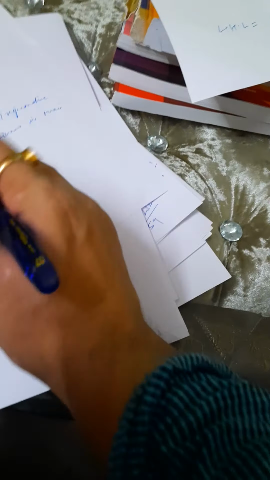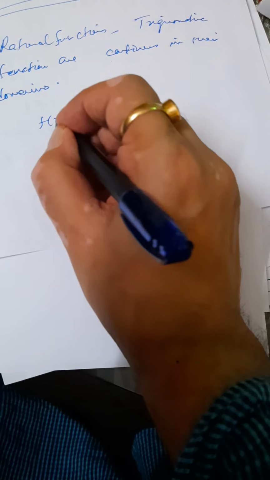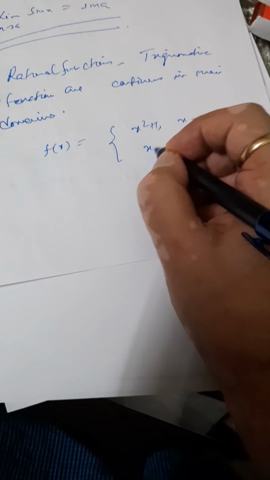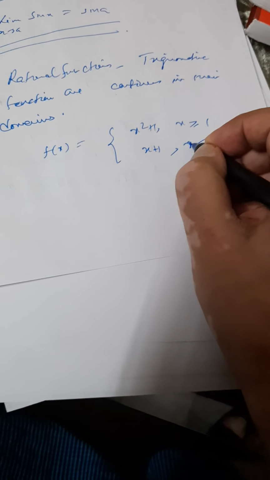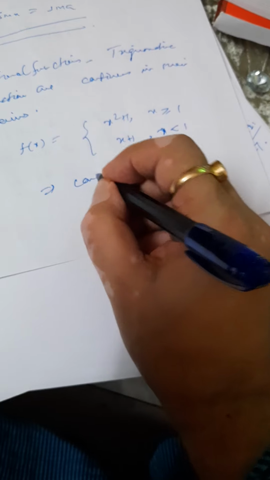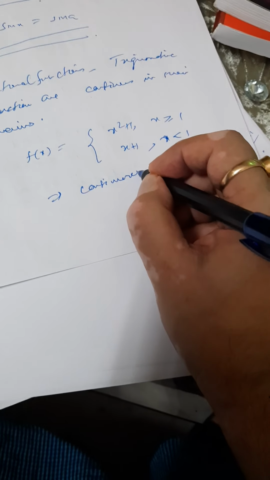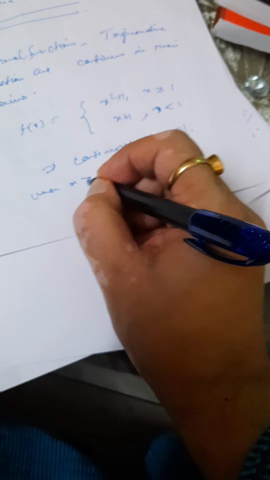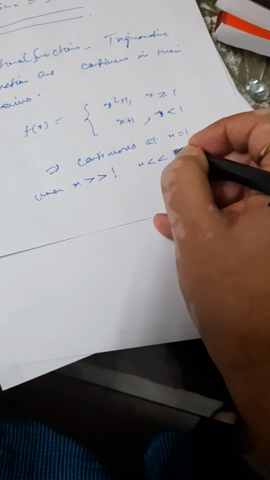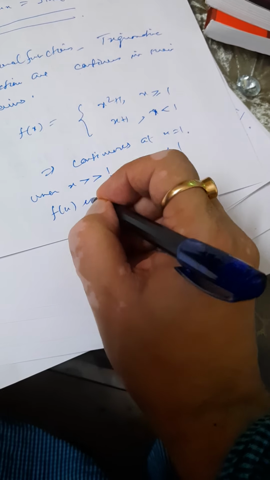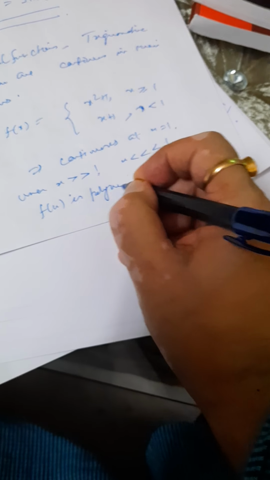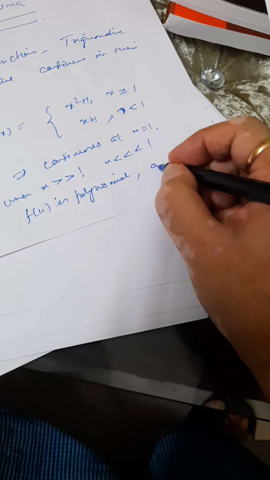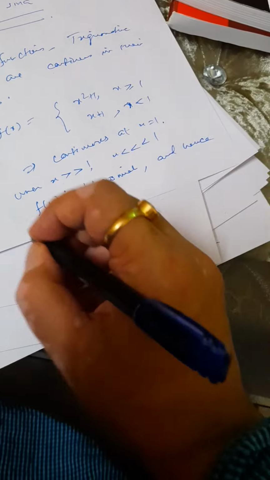Now, like the last example, I am having f(x) equals x square plus 1 if x is greater than or equal to 1, and x plus 1 if x is less than 1. Now, this is continuous at x equals 1, as I told you before. Whereas when x is greater than or equal to 1 or x is less than 1, f(x) is a polynomial. x square plus 1 is a polynomial, x plus 1 is a polynomial, and hence continuous.